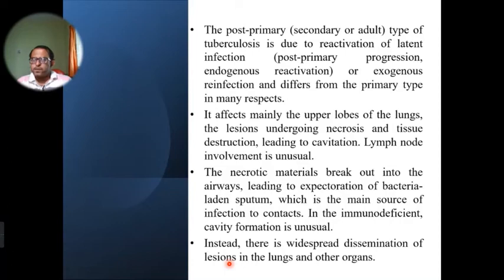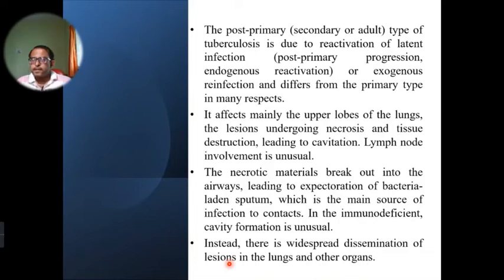The lesion undergoes necrosis and tissue destruction, leading to cavitation. Lymph node involvement is unusual here. So, in post-primary infection, there is a reactivation of the latent infection which is already present in the healed lesions or calcified nodule.